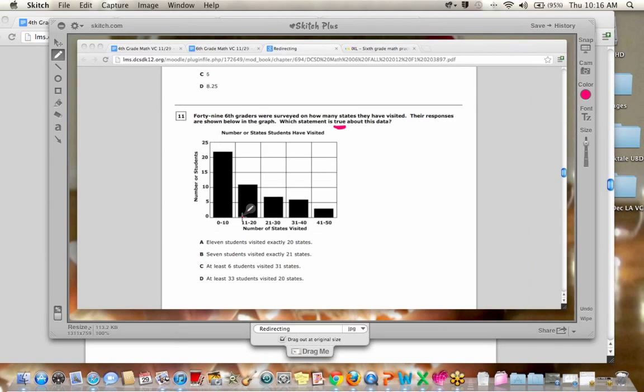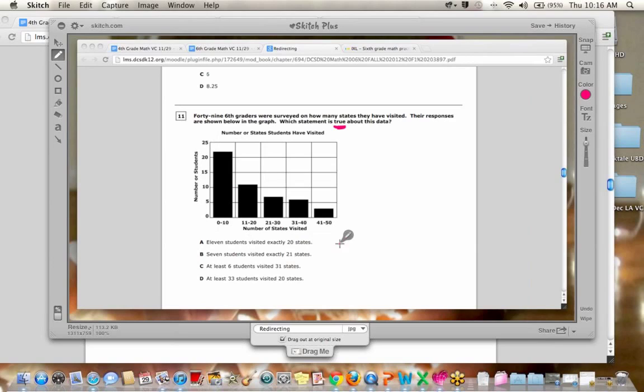So really, let's just glance at what the data is. It says number of students on the side, so 0 students all the way up to 25 students, and then the number of states. So obviously a small number of students have visited quite a few states. Lots of students have visited 0 to 10 states, and so forth.